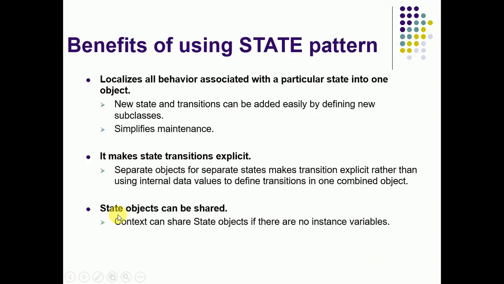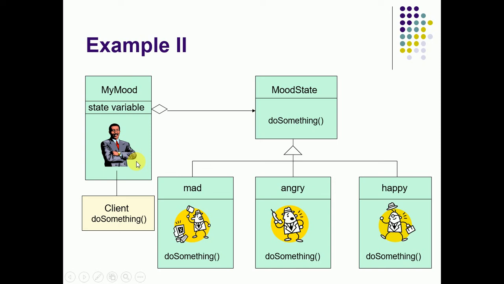The next benefit we have in the state pattern is that state objects can be shared. State objects can be shared through the context, and can be shared objects if there are no instance variables. Similarly in this example, we have a client that shares all these moods, and one or two of the moods are invoked through the value that it triggers through that invoke method, which is do something.